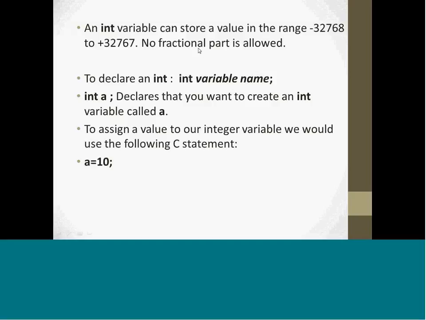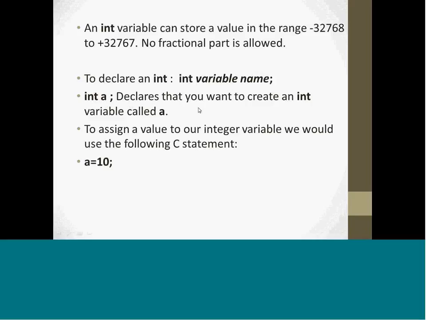An integer variable can store a value in the range from -32768 to positive 32767. Next is how to declare this kind of variable. To declare an integer, you use the keyword int with the name of the variable, like int a.